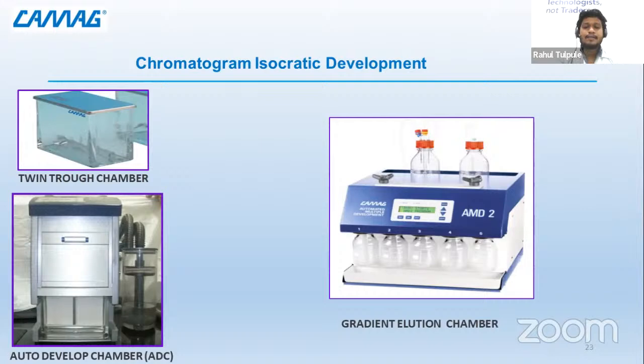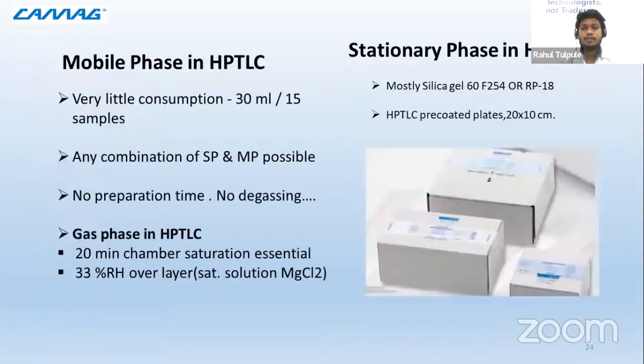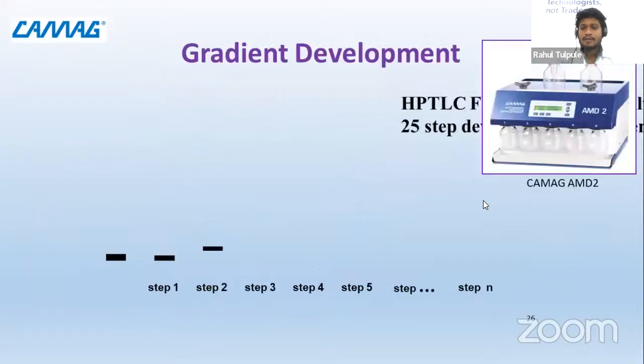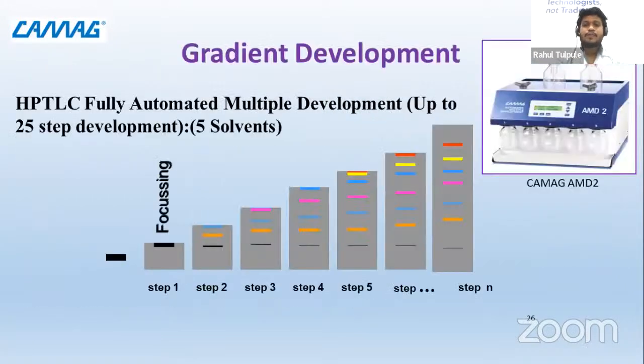Then, talking about the gradient elution chamber, it is used for development of analytes which have different polarities. This is what I'm trying to explain in the gradient developing chamber.